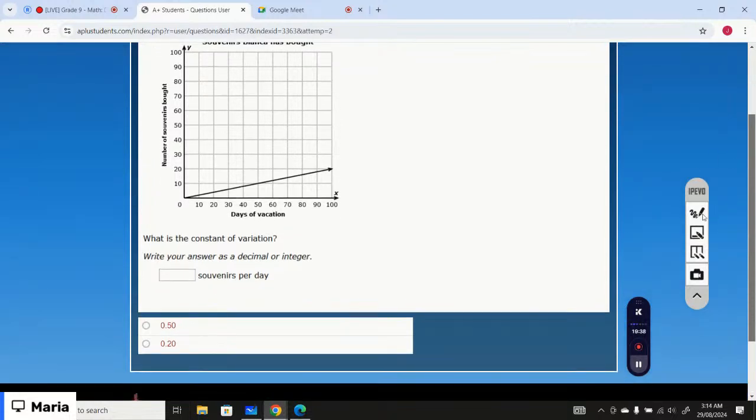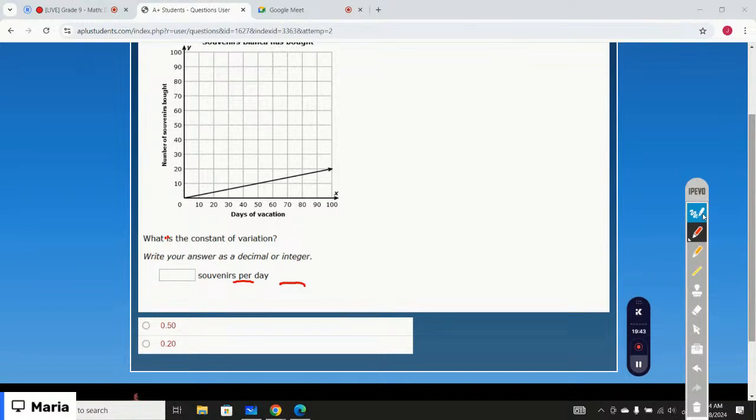So, which is the correct option? So, here is the origin 0, 0, and here is another point, x is 50 and y is 10, right? So, just calculate the slope, that is change in y divided by change in x.